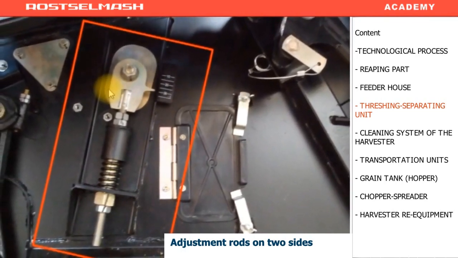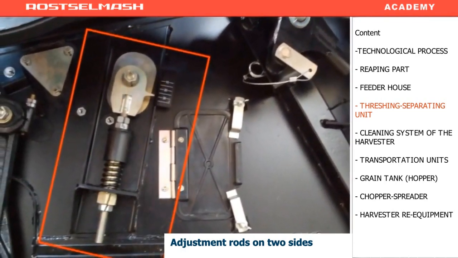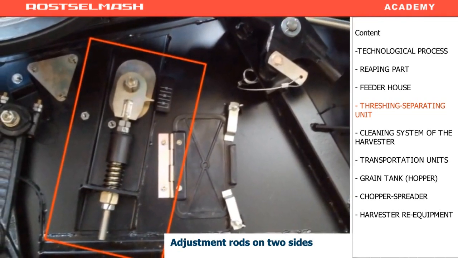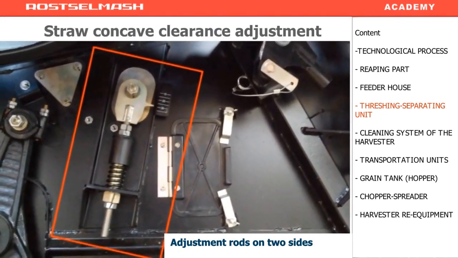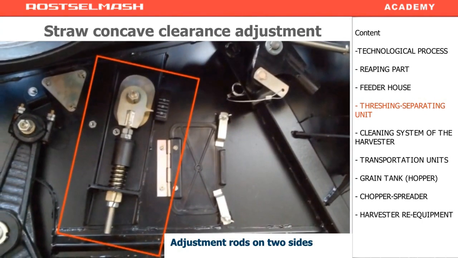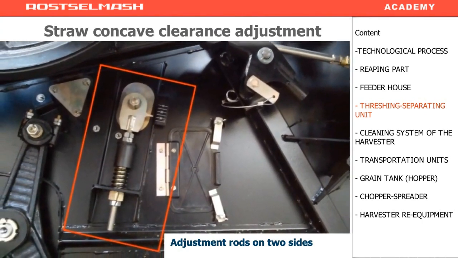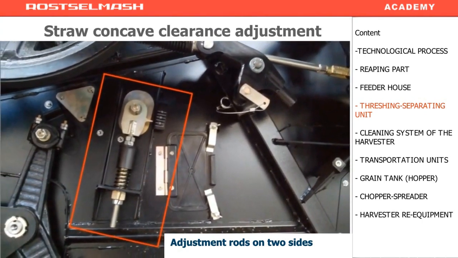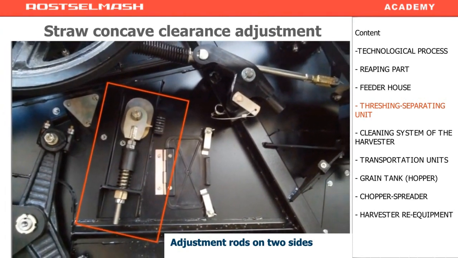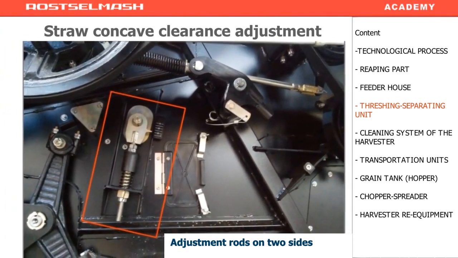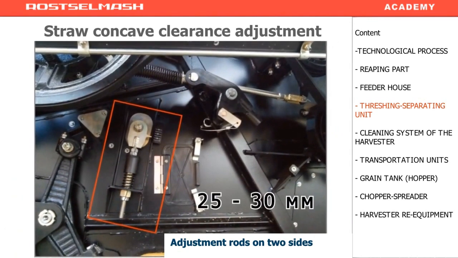In this situation, the beater cannot move anymore, and so it stops. In such cases, it's better to decrease the clearance for the straw to go through without clogging the beater. The average clearance is 25 to 30 millimeters.